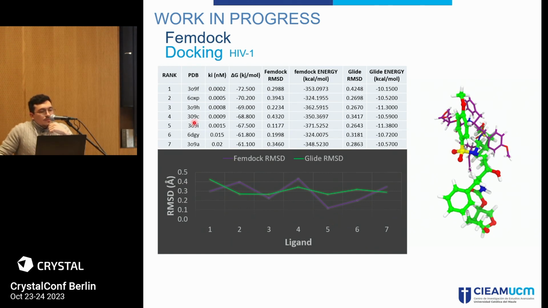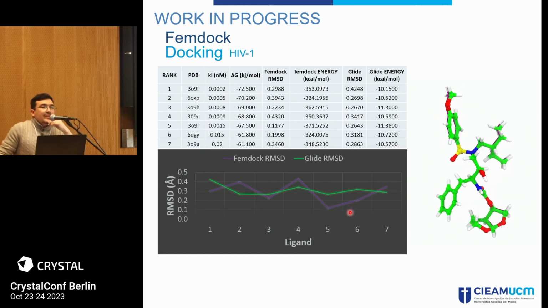We selected different molecules with different affinity values, and we obtained RMSDs in this purple line, and we compare against Glide. This is a commercial software. We obtain, even in some cases, for some molecules, lower RMSD values. So we are getting a really good prediction.